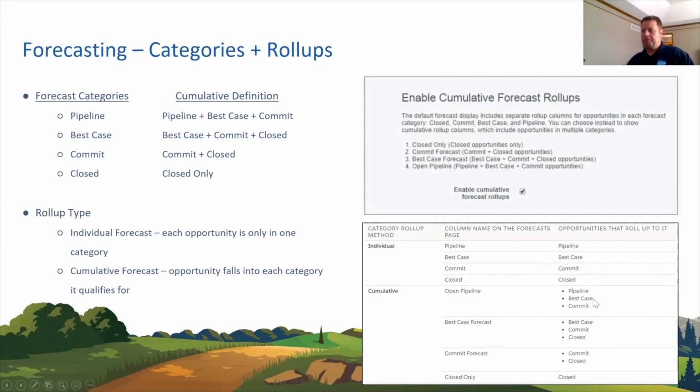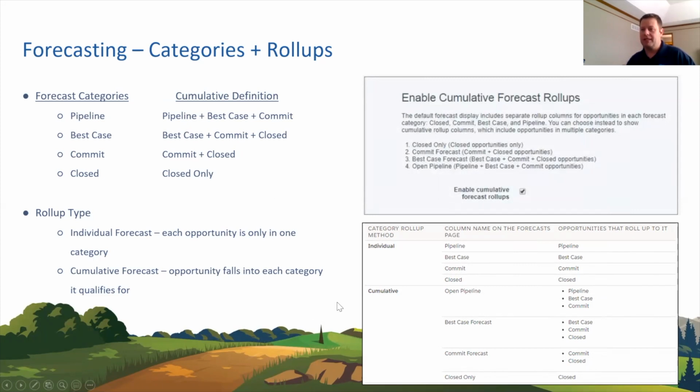So for example, if I want to look at my commit forecast, which is the 3rd level down here, for an individual roll-up method, the commit forecast is only going to count those opportunities that are exactly listed as commit. Whereas for cumulative, you're going to get everything that's in the commit status as well as everything that's already past that, in this case being closed.